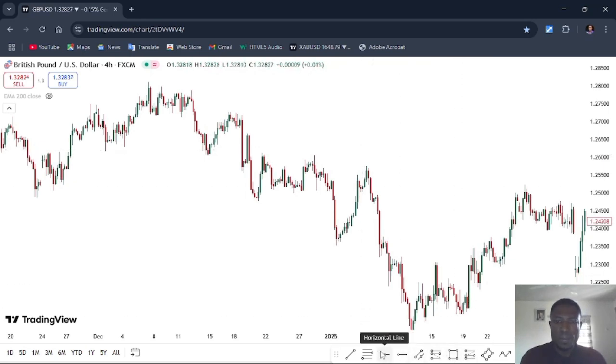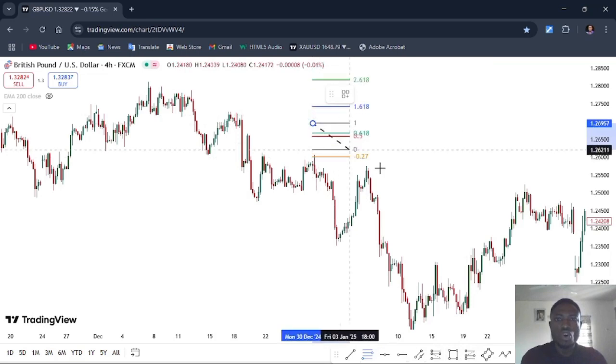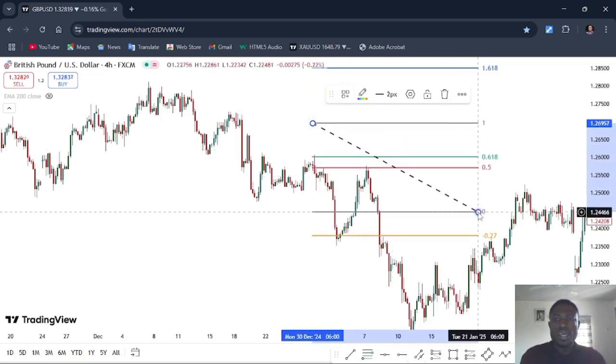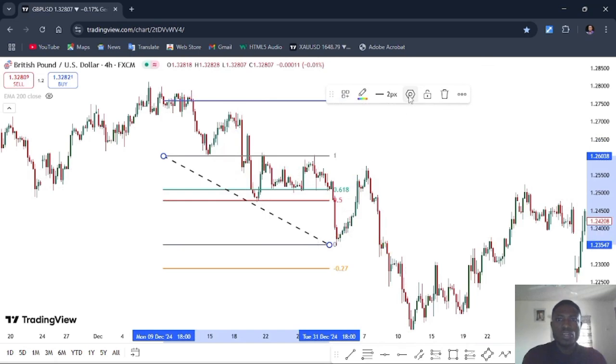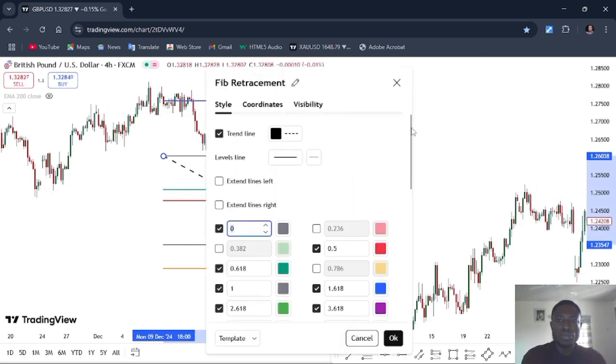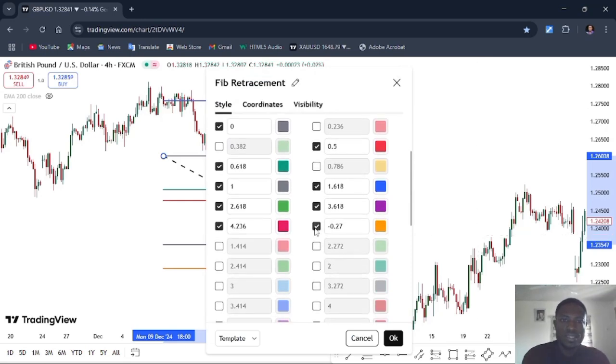This right here is called the Fibonacci tool, and if I click on these setting buttons here, I would like to show you guys how I went about setting my Fibonacci tool. Now, once I click on this setting button right here, you guys can see that some of the boxes are unchecked.